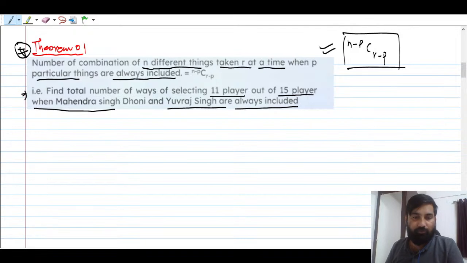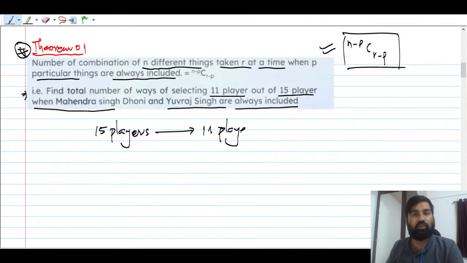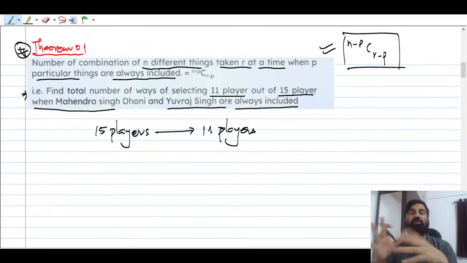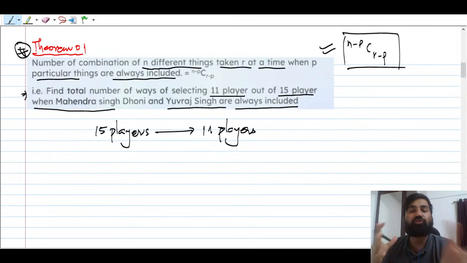So let me write here, suppose there are 15 players in total and you have to select 11 players. Suppose I don't know the formula, the n minus p C r minus p formula. Suppose we don't know this formula. So how to solve this problem?